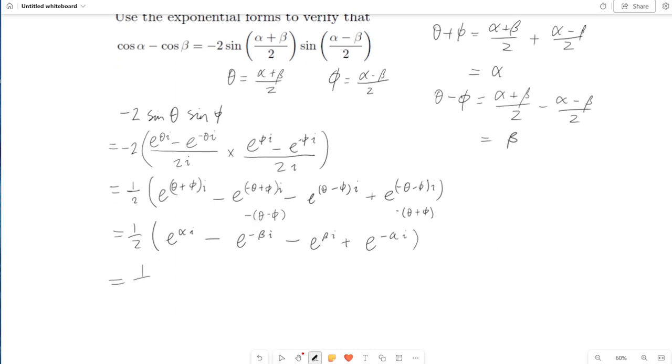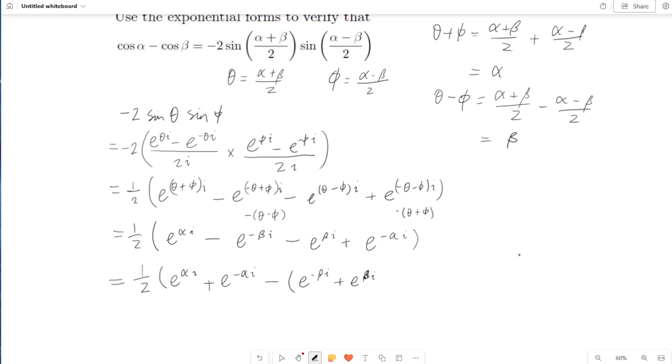We can say, well, half e to the alpha i plus e to the minus alpha i, minus, we can factor minus out, so e to the minus beta i plus e to the beta i.